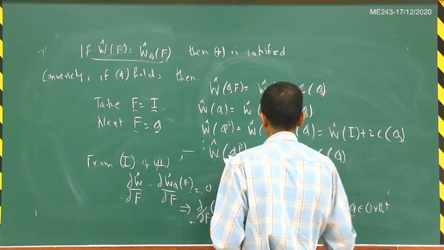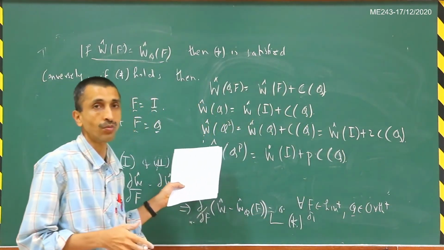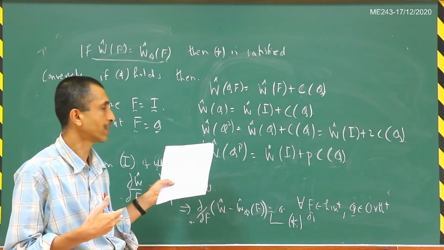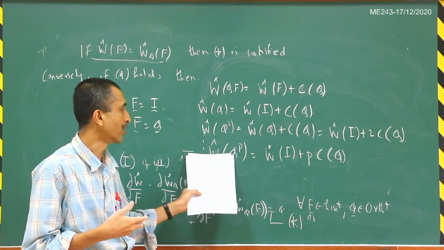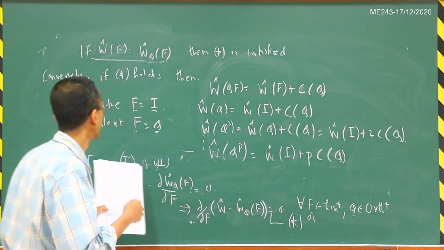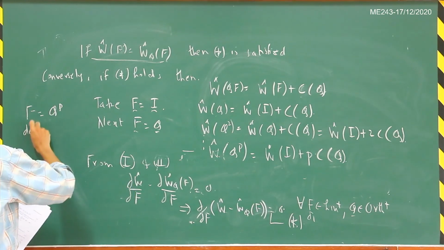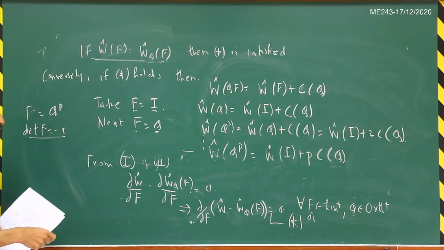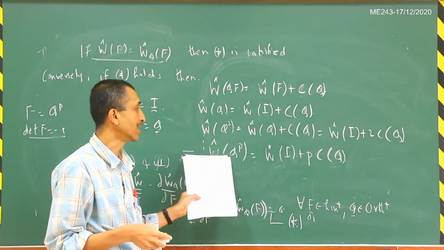Now you can see that we always assume that the strain energy density function remains bounded, correct? So this is an admissible deformation, because if f is equal to q to the p, then the determinant of f is equal to 1, correct? And if it's an admissible deformation, then the strain energy remains bounded.